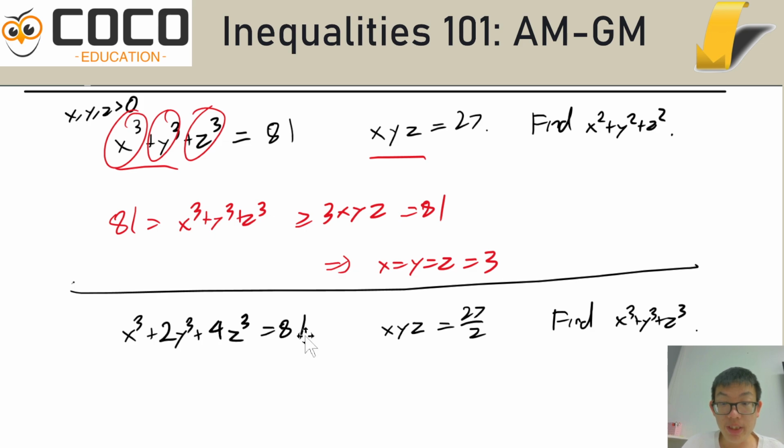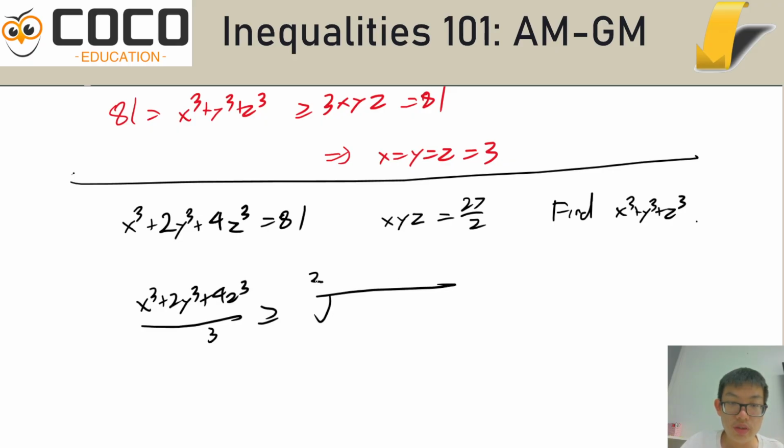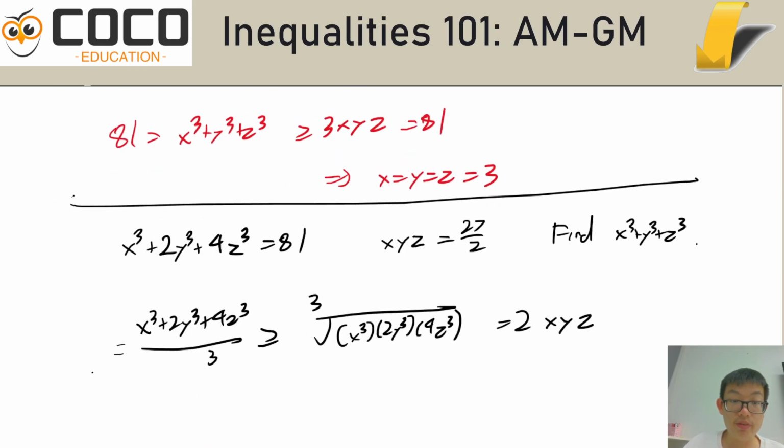The likely situation is that it is just a special instance of an inequality's equality case. If we use AM-GM here, we realize that these two are equal to each other because now both of these are equal to 27.